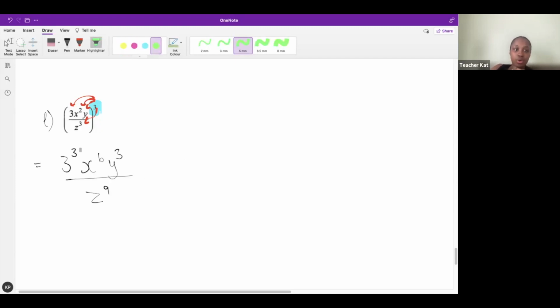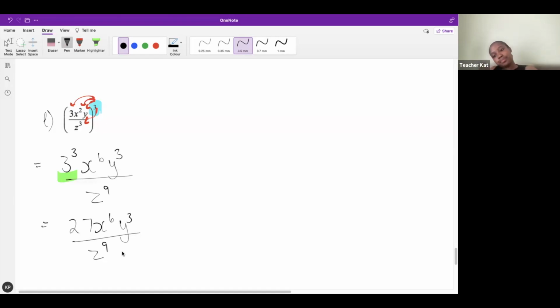Now, as we know, we always simplify the numbers. What is 3 cubed? 27. x to the power of 6, y cubed all over z to the power of 9.